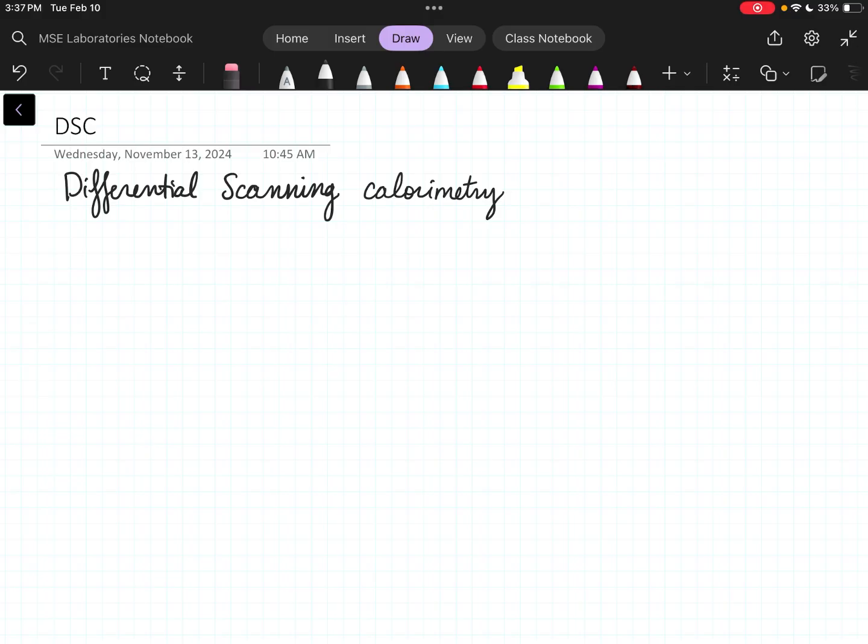Differential things, it changes or... Change, usually comparative change. Right. Calorimetry, heat flow, something or other. Yes. Metry means measure. And calorie is a unit of energy.